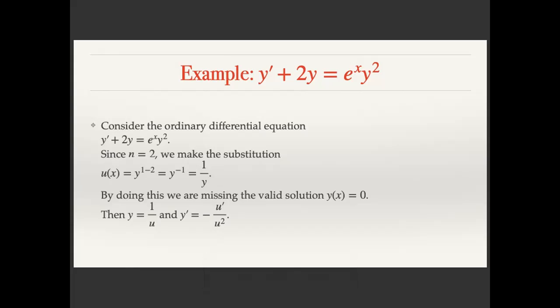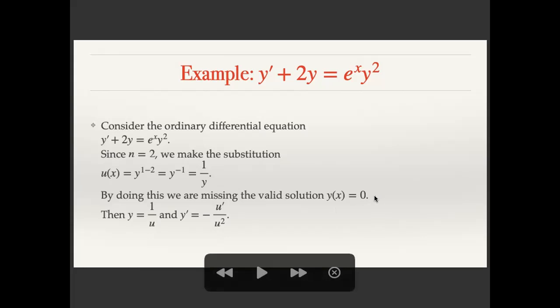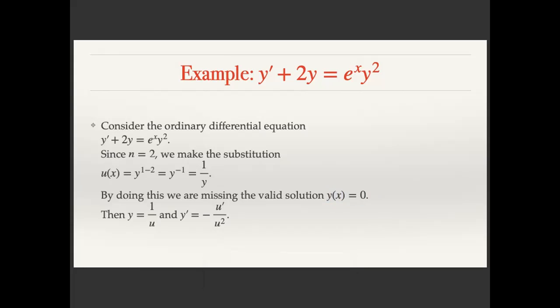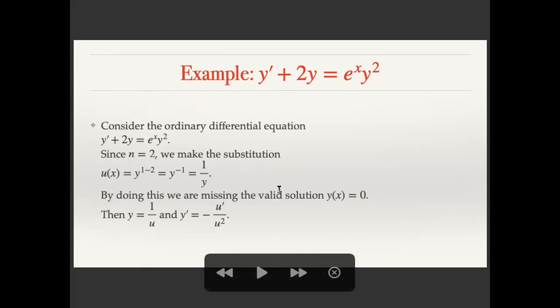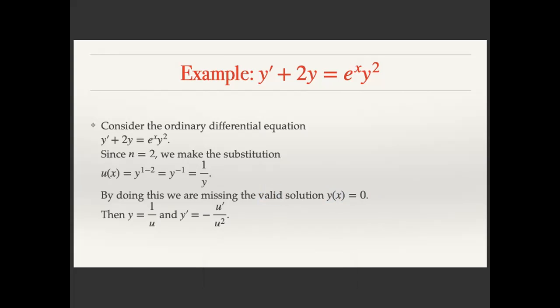And again, this is the observation I made just a couple of moments ago. Namely, by doing this, we are missing the solution y is equal to 0. And here I'm claiming that it's a valid solution, but you need to check. I already did the checking in general on the previous slide.